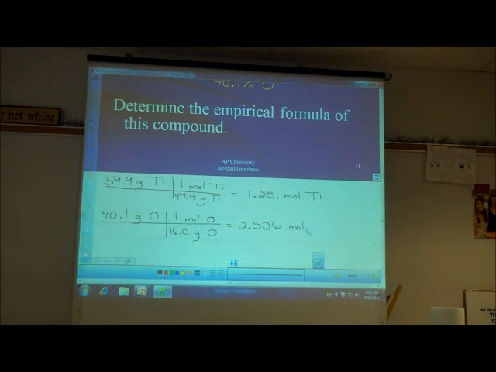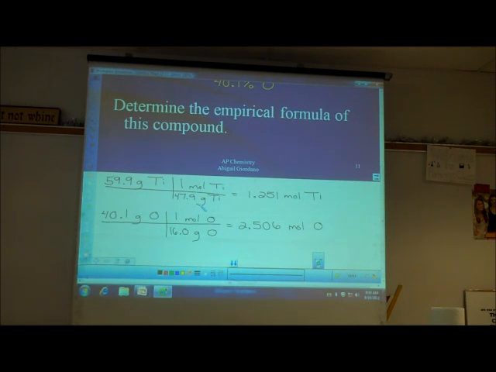And by the way, it is in your best interest at this stage right here, where you get answers in moles, leave at least 3 decimal places. I'll explain later why that is a good idea.